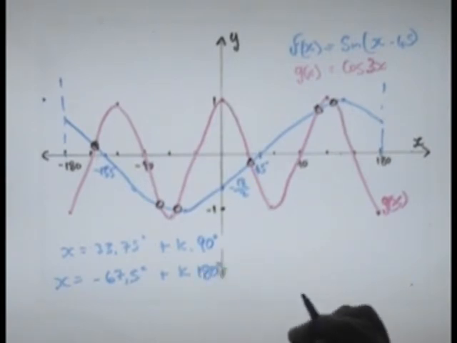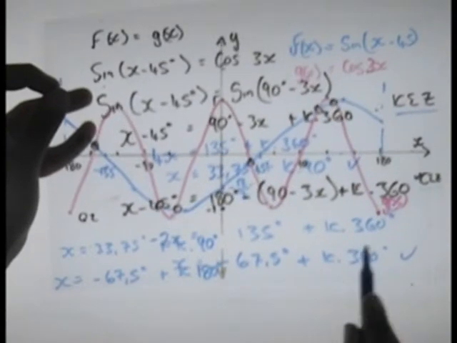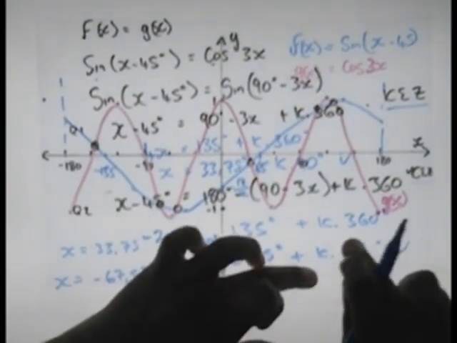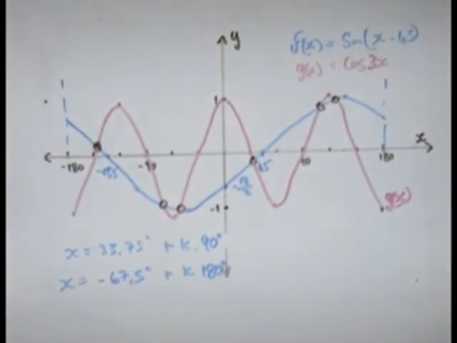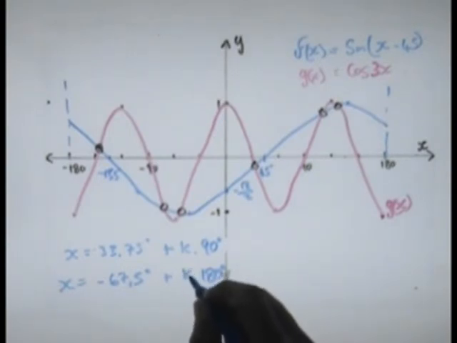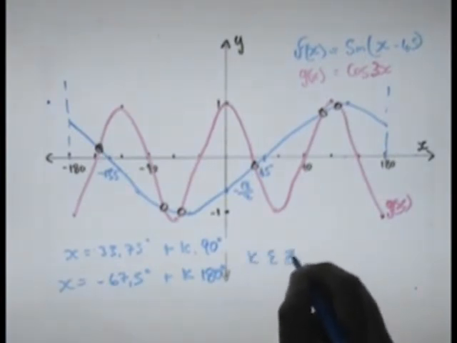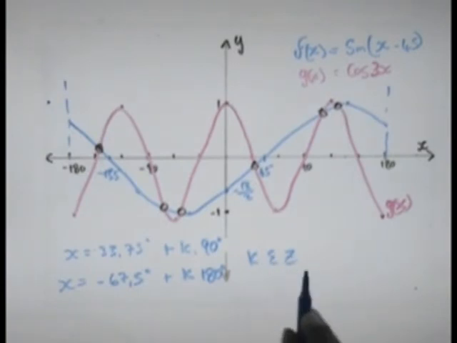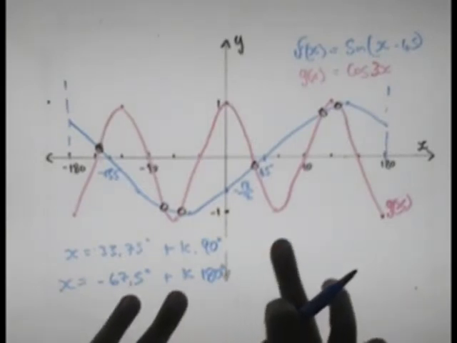Now there's one mistake I made in the previous example. When I divided through by this negative 2, the 360 has to also be divided by the negative 2, which will make it 180 degrees. So it's plus k times 180 degrees. The reason it does not have to turn into a negative k times 180 is because k is an element of integers, so k can be positive or negative in any case. So we don't have to change that to minus k times 180.